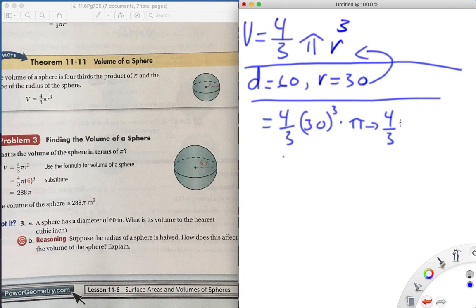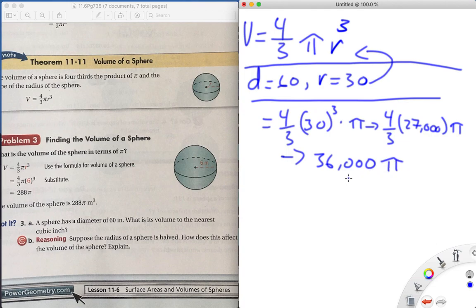So that's going to be 4/3, and 30 to the third power is a big number, 27,000, times pi. Multiply that by 4/3. And I get 36,000 pi.